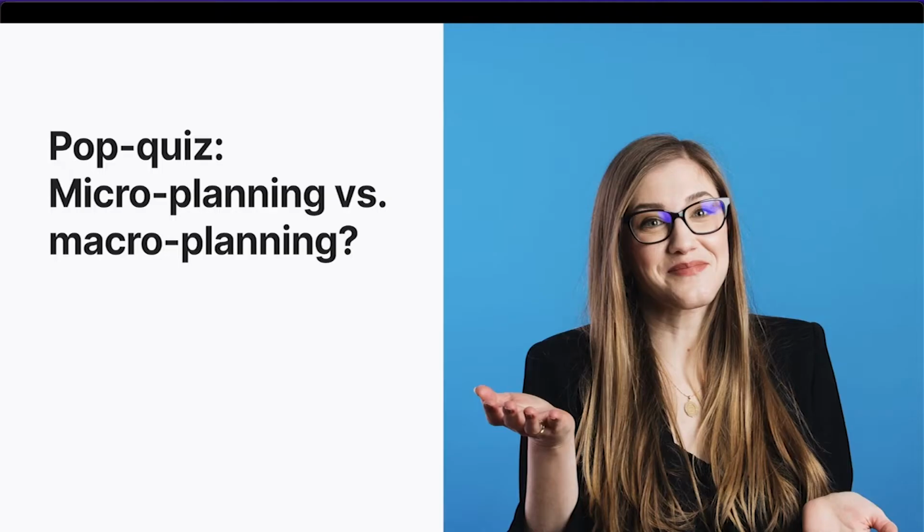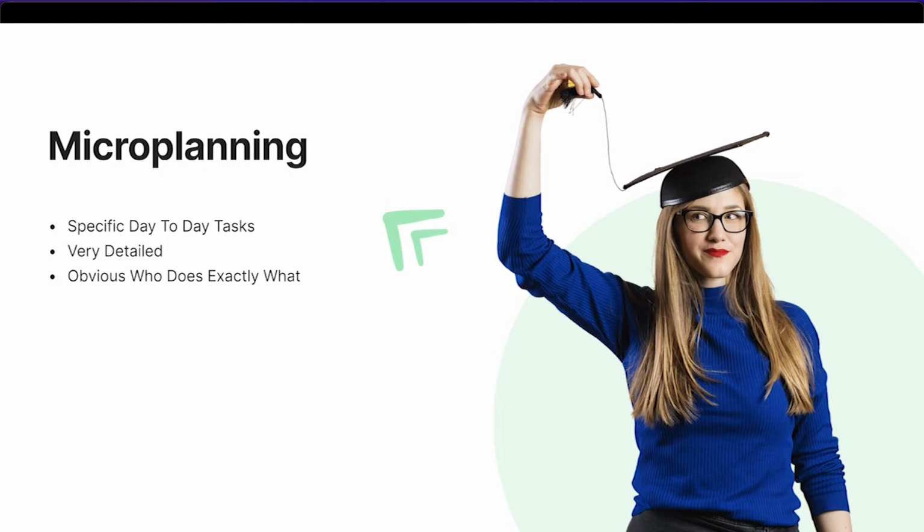So before I say anything else, let's do a quick recap, because if you watched our previous webinar, we talked about macro planning. So I hope that you at this point know the difference. But today we'll talk about micro planning. Just a quick recap: macro planning is when you are planning your work on a higher level, meaning that you are concerned with who is working at what project in a larger scope of time.